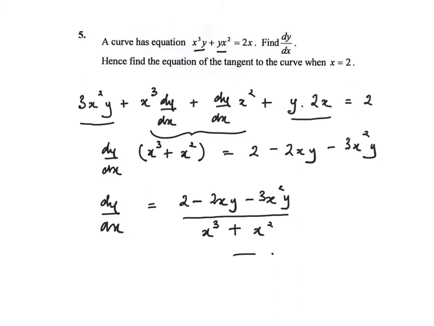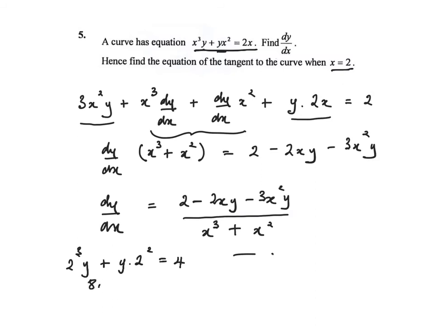Now, we really need a y value as well, so what I'm going to do is sub x equals 2 into this equation. So that's 2 cubed y plus y times 2 squared, and 2 times 2 is 4.